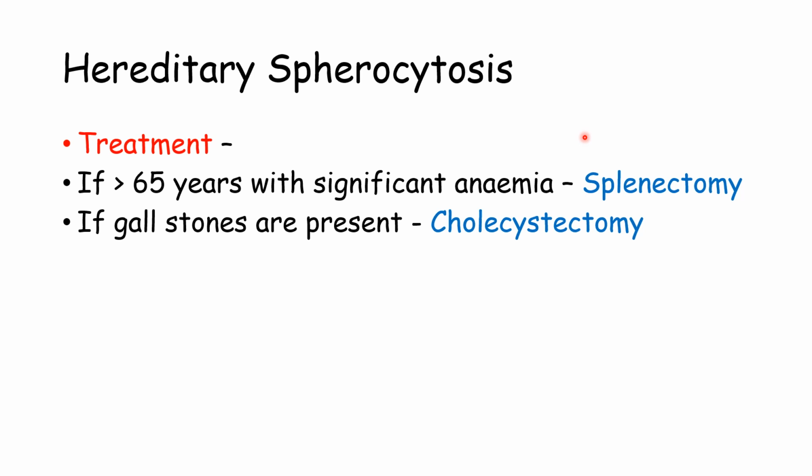Splenectomy is to be avoided in the asymptomatic patient because if the spleen is taken out from a normal healthy human being, it will cause an increased chance of septicemia or septic shock. And because of increased hemolysis, there are high chances of gallstones. If gallstones are present in this patient, we can do cholecystectomy for the gallstones.